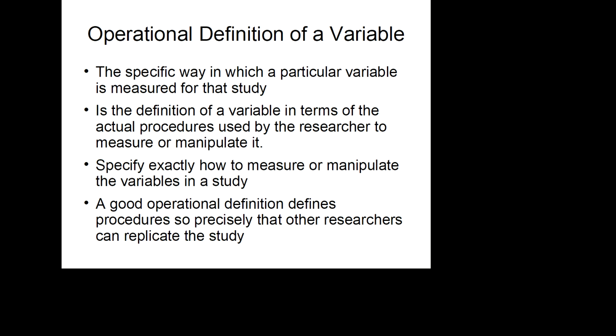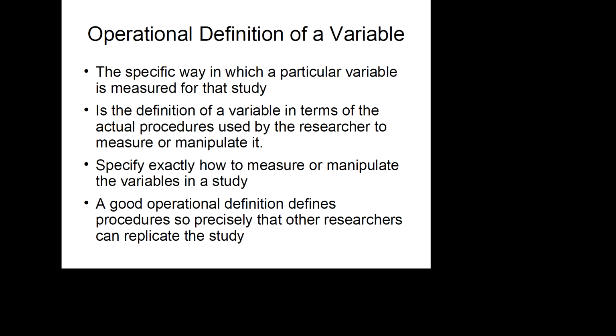So, operational definitions. This is the specific way in which a particular variable is measured for that study. It is the definition of a variable in terms of the actual procedures used by the researcher to measure or manipulate it. It specifies exactly how to measure or manipulate the variables in a study. A good operational definition defines procedures so precisely that other researchers can replicate the study.